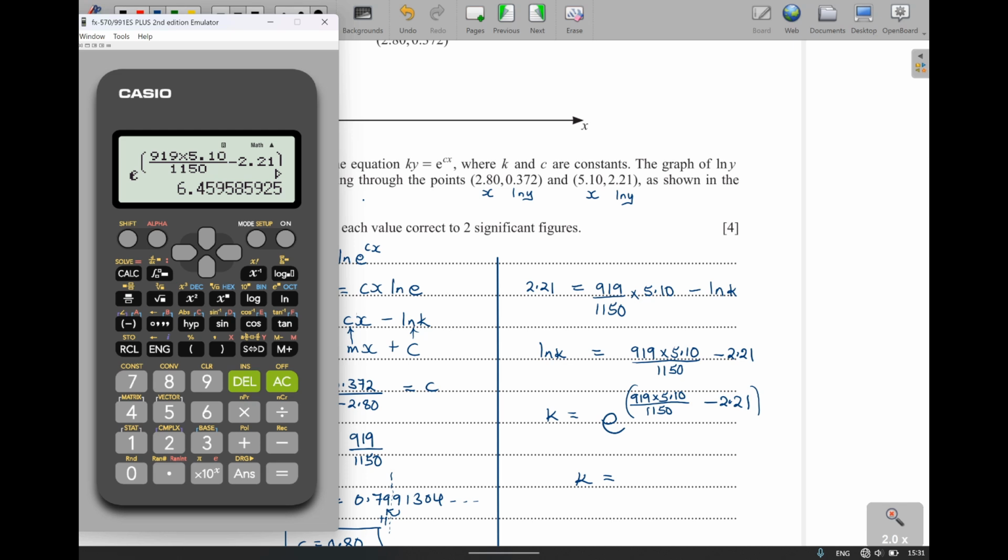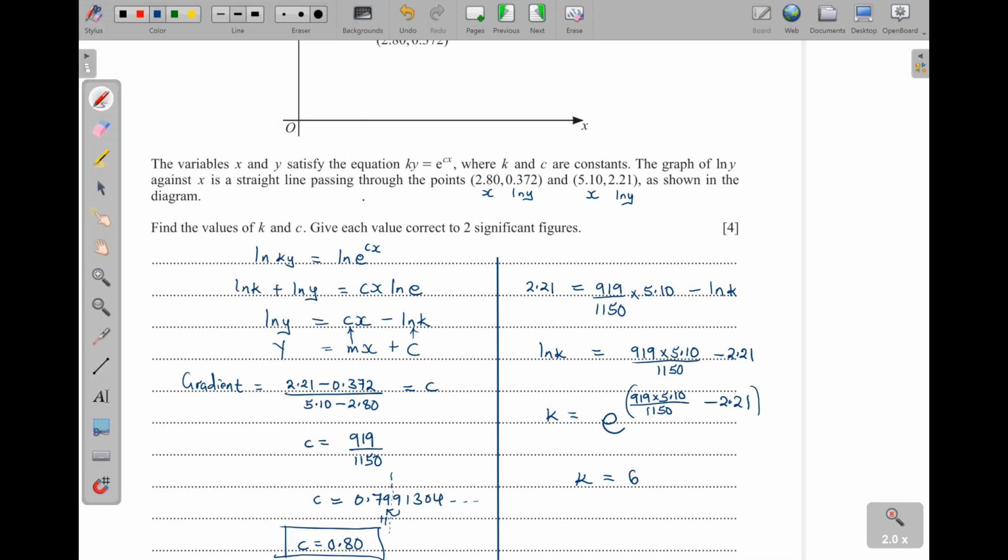So to two significant figures, I'll just round that 5 to that 4, and then I get 6.5. 6.5 to two significant figures. So that will be that.